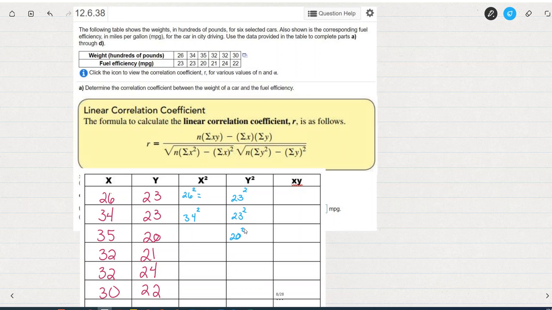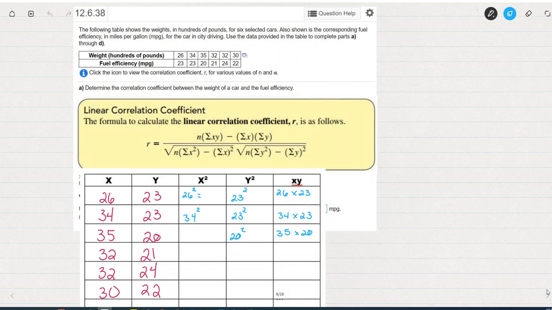So we take each of our y's and square it. xy means multiply x times y. So 26 times 23, 34 times 23, 35 times 20, and so on. That will give us our product of x and y.